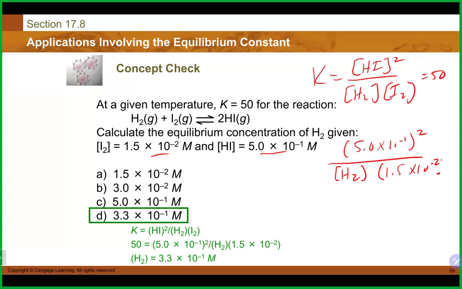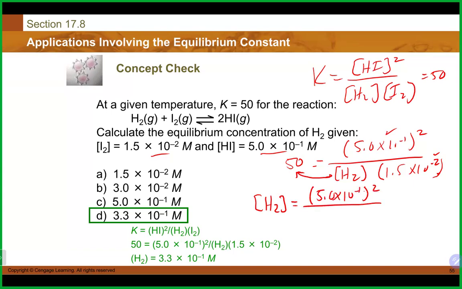These are equilibrium concentrations because we're able to do the math and solve for H2. It looks like we get a value of 0.33. To solve for H2, these two are going to switch places. So H2 should equal 5.0 times 10 to the minus 1, squared, divided by 50 and 1.5 times 10 to the minus 2.